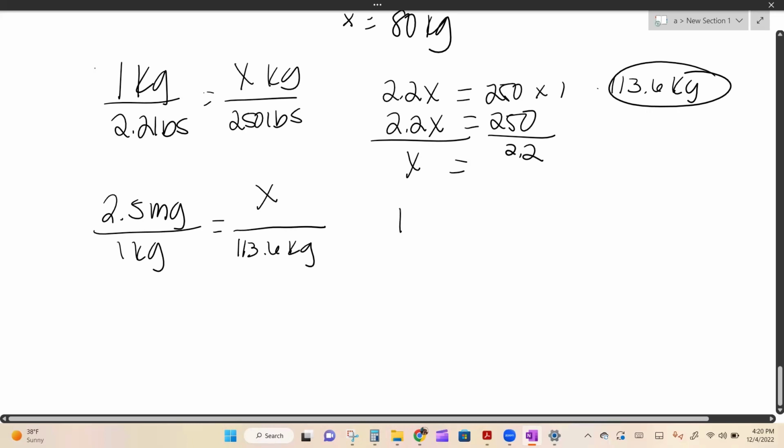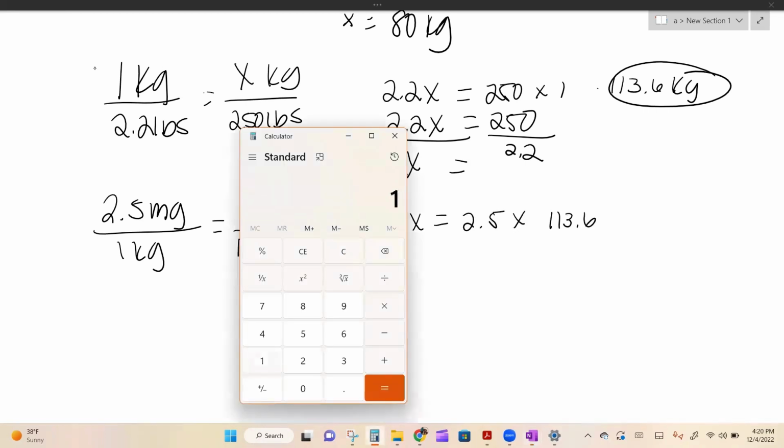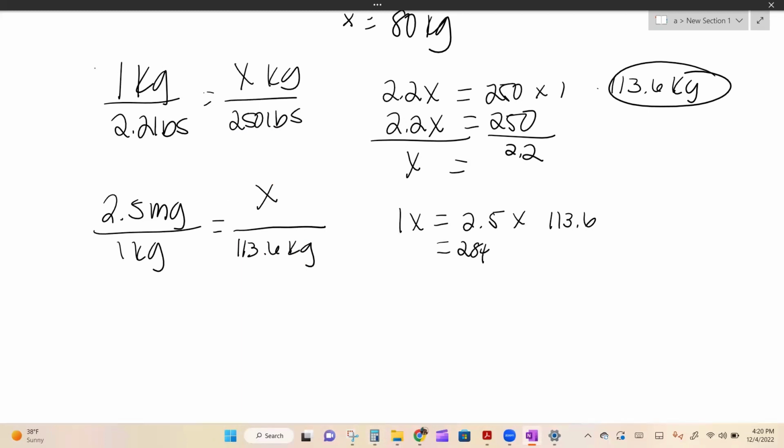So this would be 1x is equal to 2.5 times 113.6, which gives me 284 milligrams, because this is supposed to be milligrams.